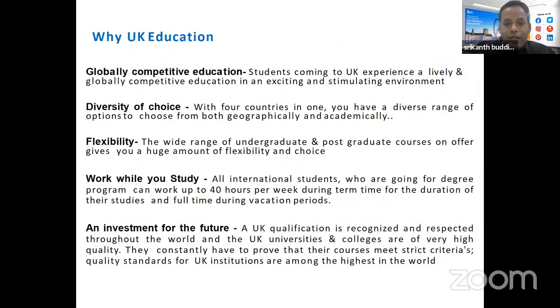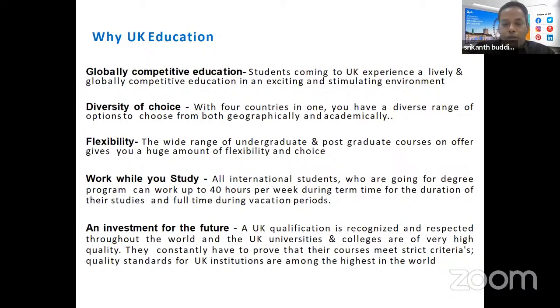So why study in the UK, and why UK education? UK education is globally competitive. Students coming to the UK experience a lively, globally competitive education with an exciting and stimulating diversity of choice. The UK consists of 4 parts: England, Scotland, Wales, and Northern Ireland.